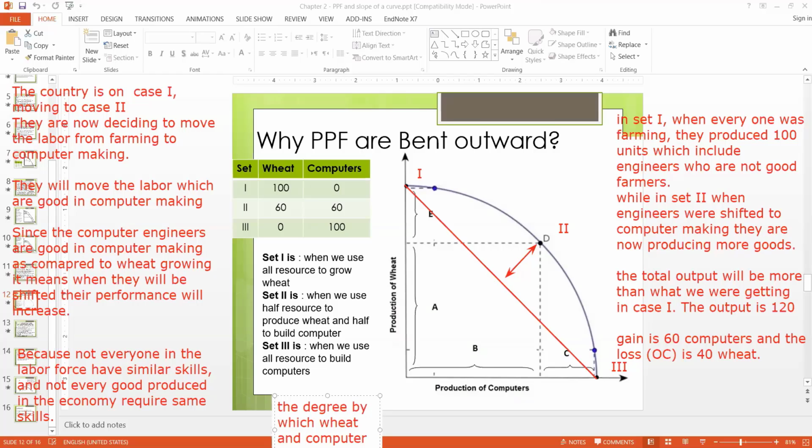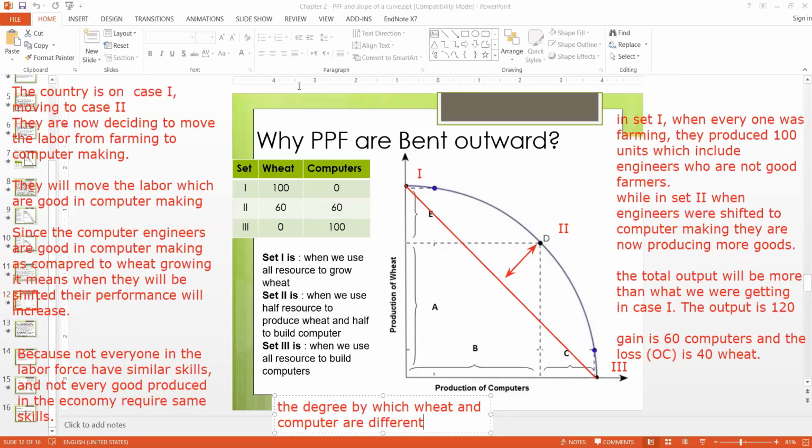Wheat and computers are different. The more different the goods are, the more outward the bend. Suppose we compare wheat with F16, it will be bent outward. But if we compare wheat with rice, it might not be bent outward very much.